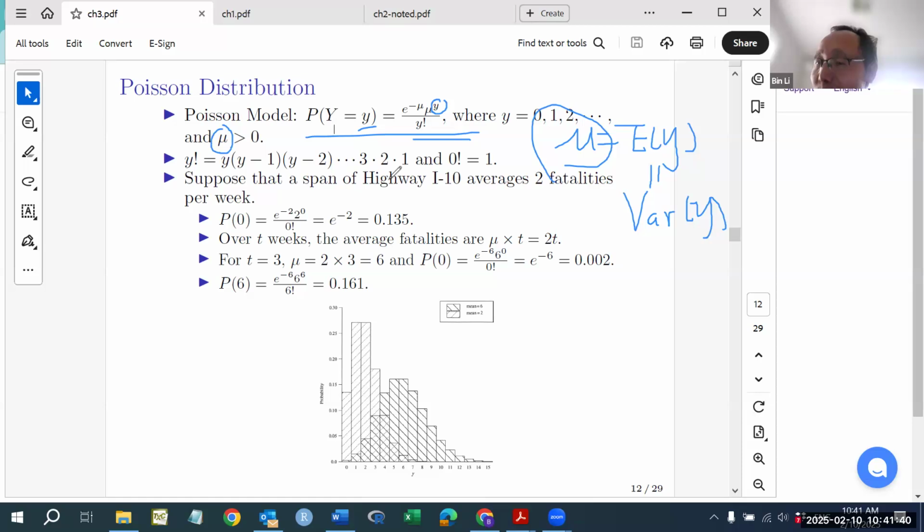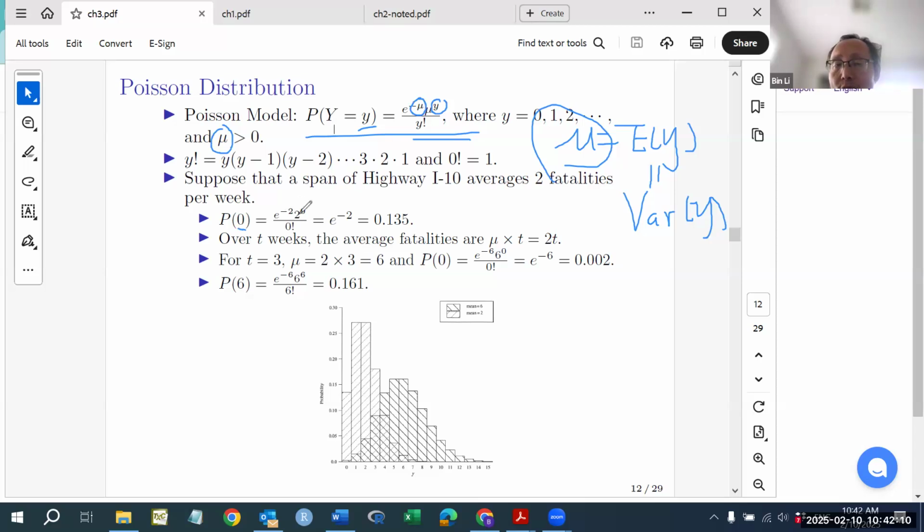That is the expected number. What is the probability of getting no fatal accident on this part of highway? Then the probability of y equals 0 is equal to e to the power of what? Negative 2. Why? Because the expected number is 2.